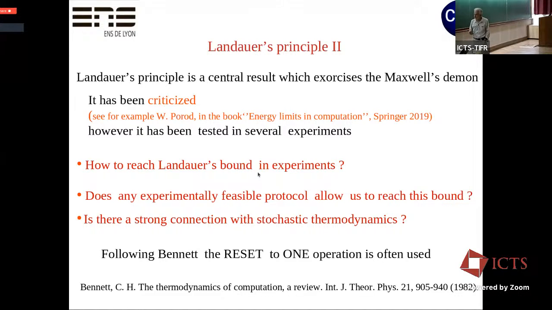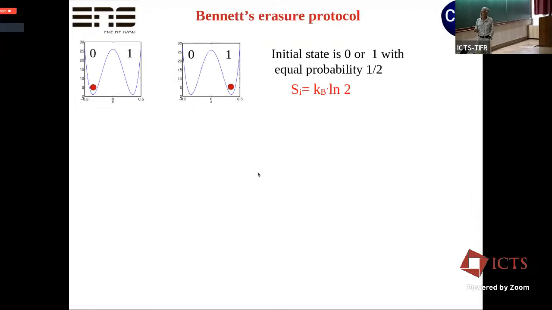So we follow Bennett, to explain why the Landauer bound exists, okay? The idea of Bennett, which goes back to 1982, is the following.